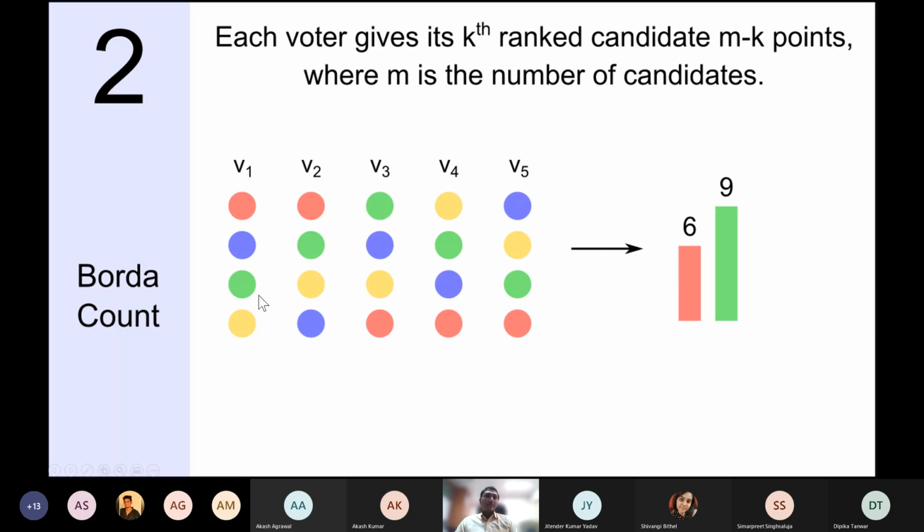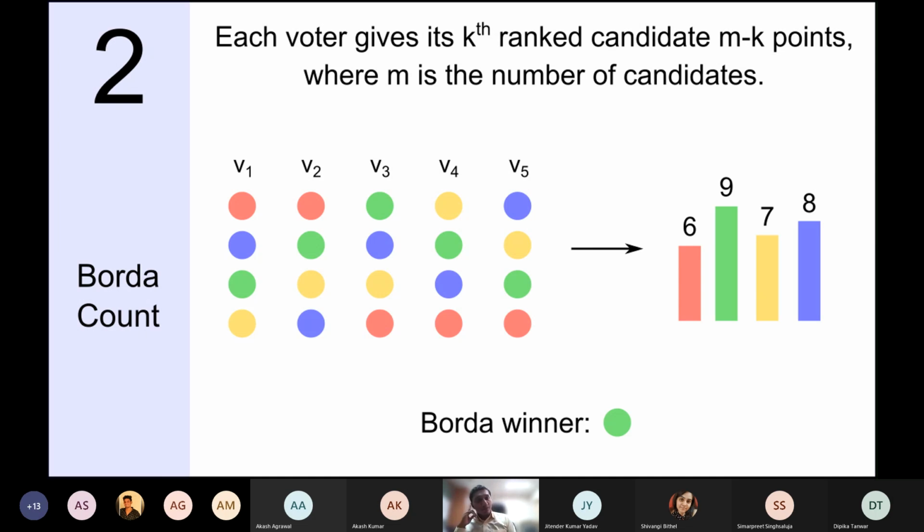Green, on the other hand, gets 1 plus 2, that's 3, plus 3, 6, plus 2 plus 1, so a total of 9 points. You can check that yellow gets 7 and blue gets 8. Therefore the Borda winner should be green. Is the definition of Borda count clear?